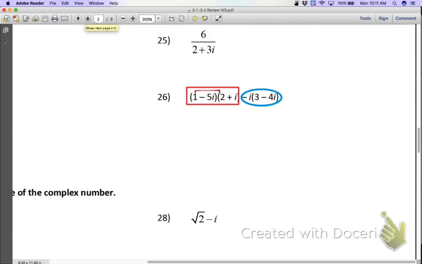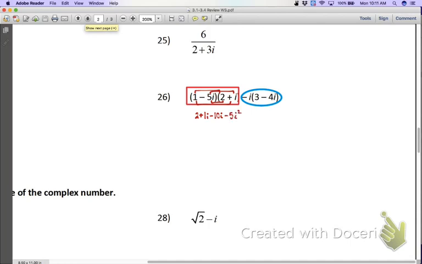So 1 times 2 is 2. 1 times i is just going to be plus, and I'm just going to call it 1i. Negative 5i times 2 is going to be a negative 10i. And then negative 5i times i is negative 5i squared.